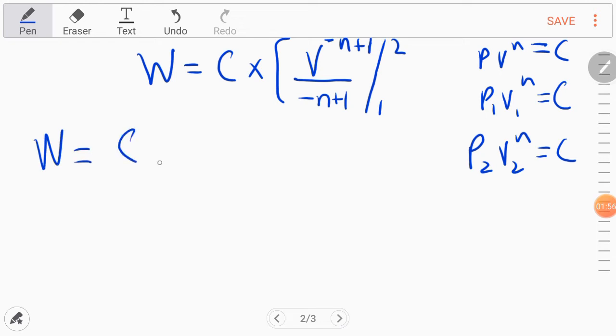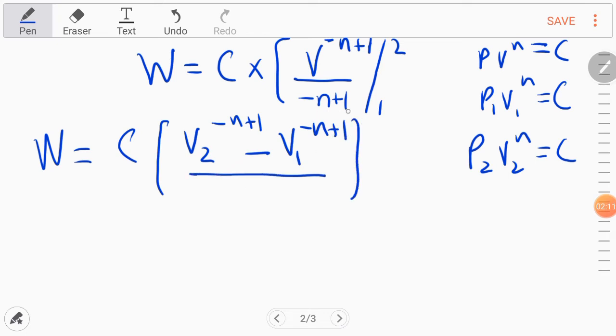Now when we open this, applying the limits, V2^(-n+1) minus V1^(-n+1) divided by (-n+1), we can write 1 minus n. It is the easiest way.